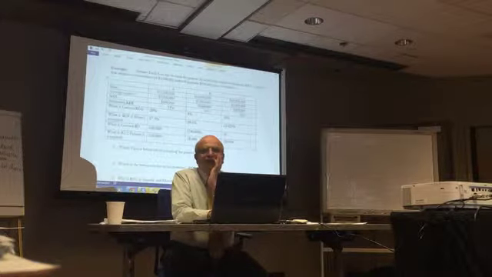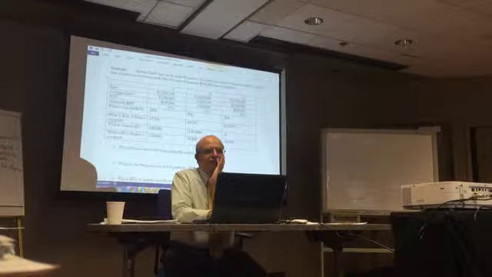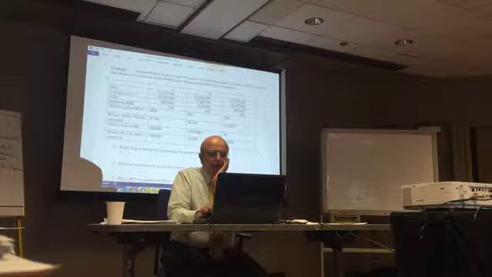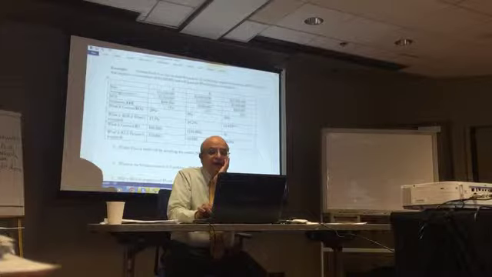I'm doing this in my head, so there might be a little mistake here and there. Okay, let's go through what we have. Here we have 20%, everybody okay with that? 600,000 divided by 3 million, that's 20%.